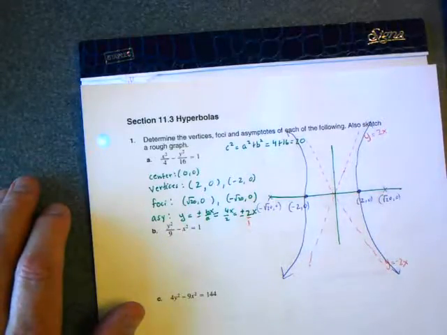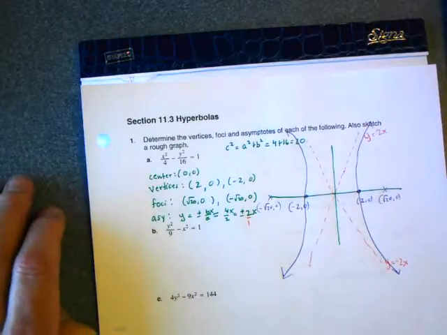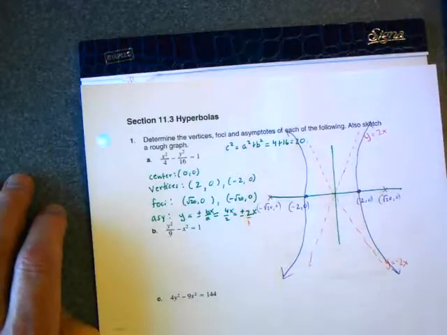What's the significance of the foci? What was the significance of the foci for an ellipse? Do you remember? It wasn't halfway between.